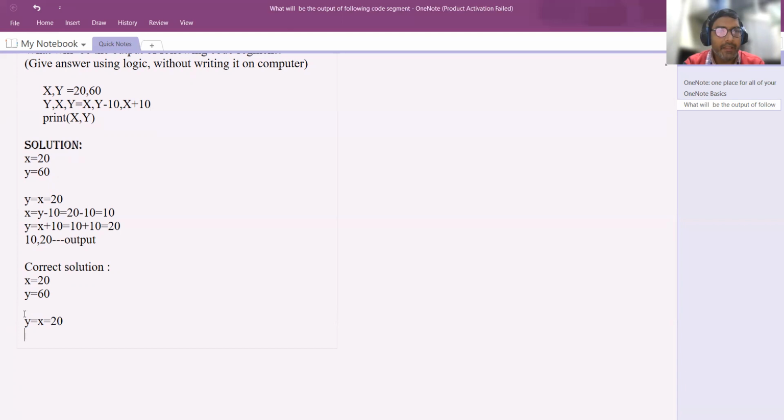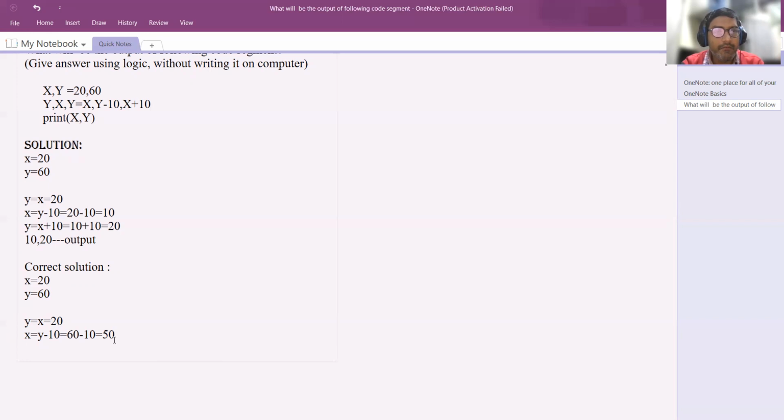Next line, x is equal to y minus 10. Now we will not take the updated value of y. We will take the value of y that is given in the previous line, that is 60. So it will be 60 minus 10, that is 50.